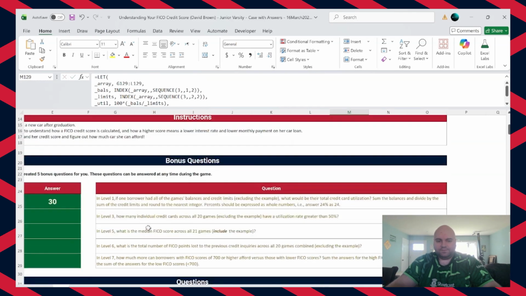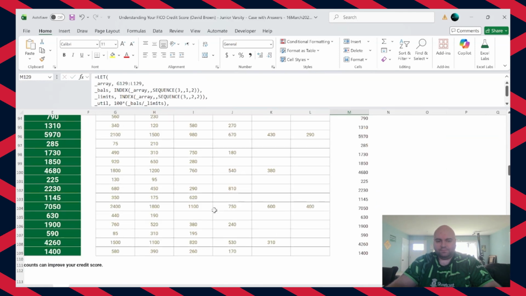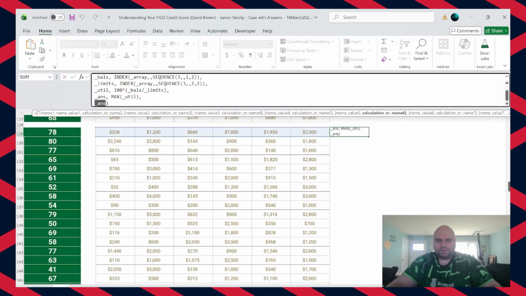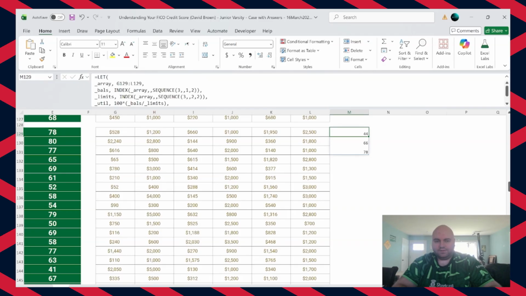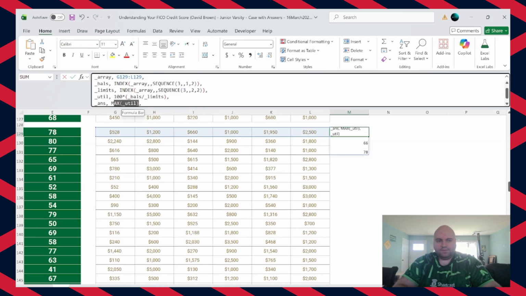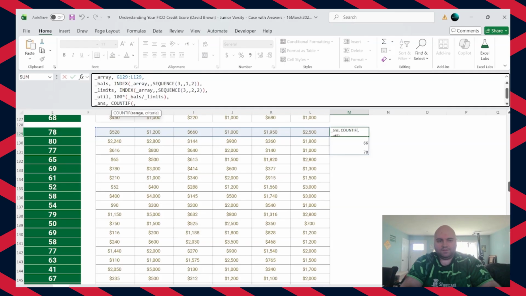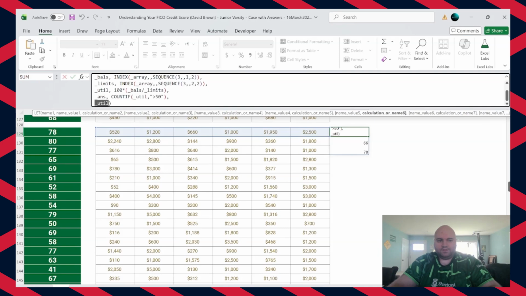Usually we are. Yep. Well, let's just return util first. Here are all our utilizations, and we care about how many are greater than 50. So here I will do the countif, just to demonstrate what we can do. We want to count how many of the utils are greater than 50 and return the answer.